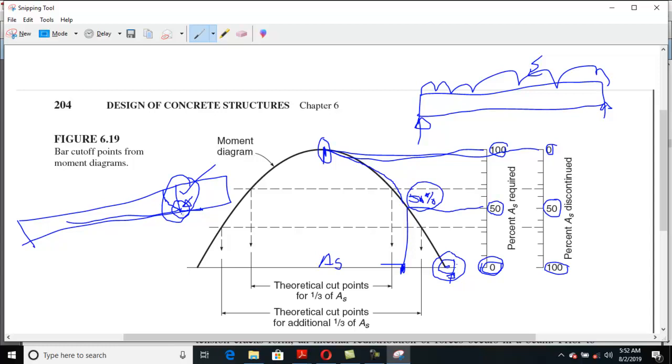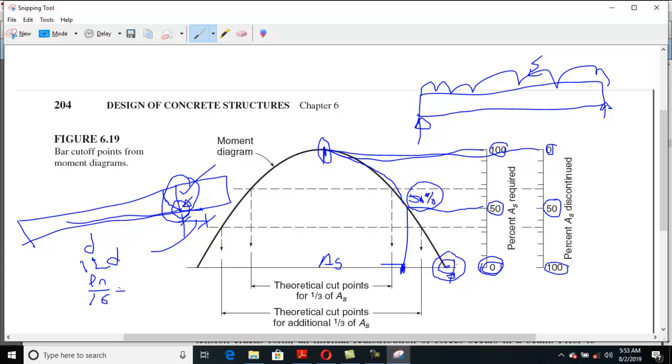This distance is basically kept equal to d, the effective depth, or 12 times the bar diameter, or ln, the clear span, divided by 16.